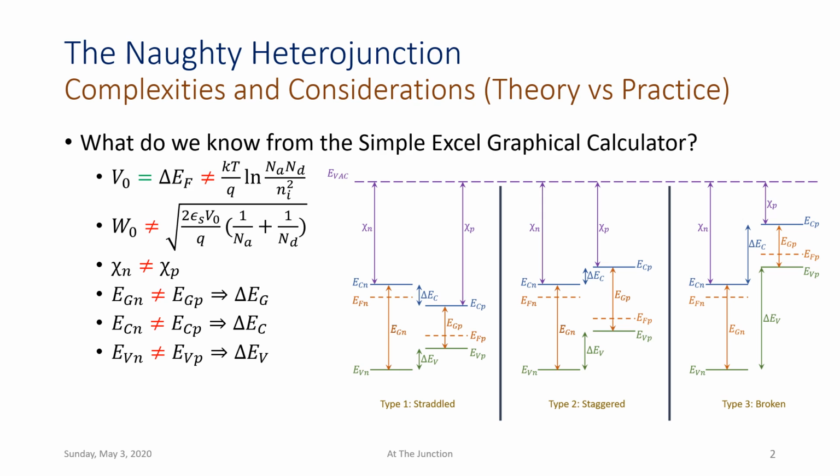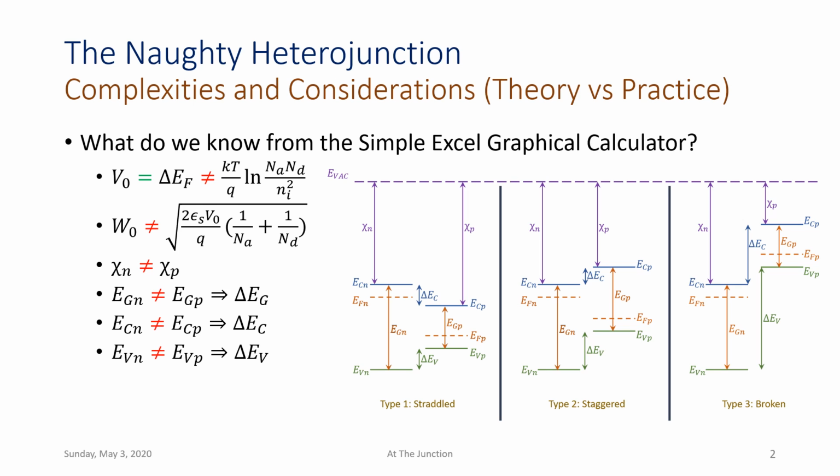The second type is called the staggered heterojunction, in which the conduction and valence bands of one material are either above or below the corresponding conduction and valence bands of the second material.